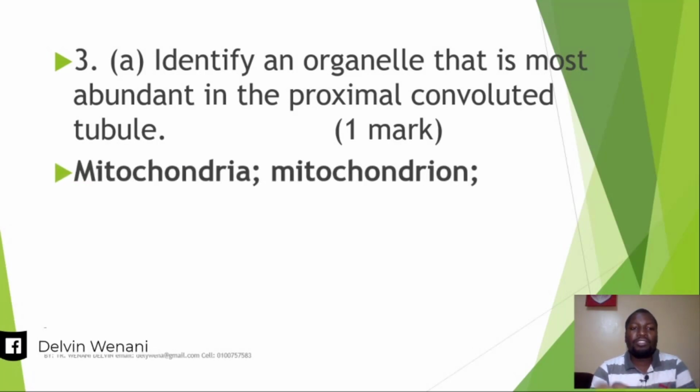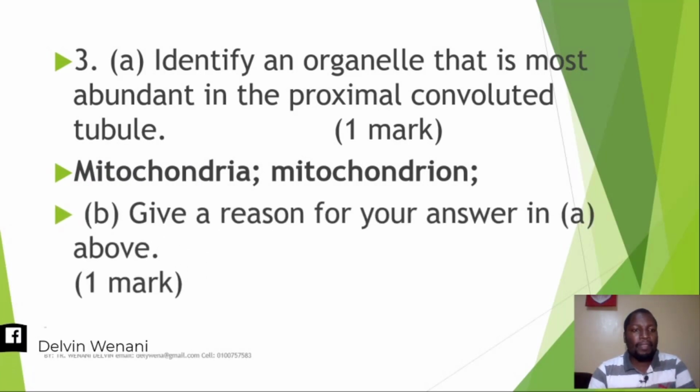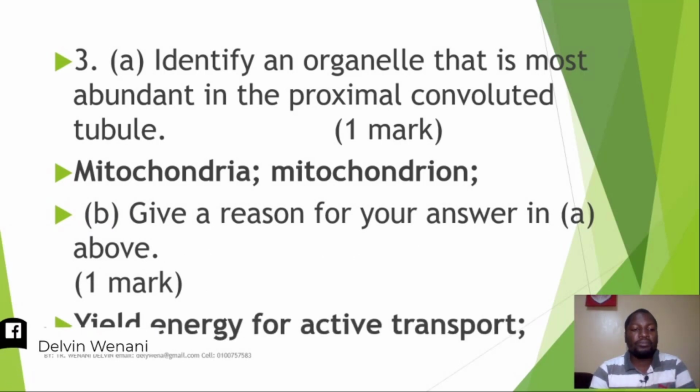And here we talk about the mitochondria. Why? Because this is the part where energy is highly required. Give a reason for your answer: the mitochondria yield energy for the active transport in the proximal convoluted tubule.